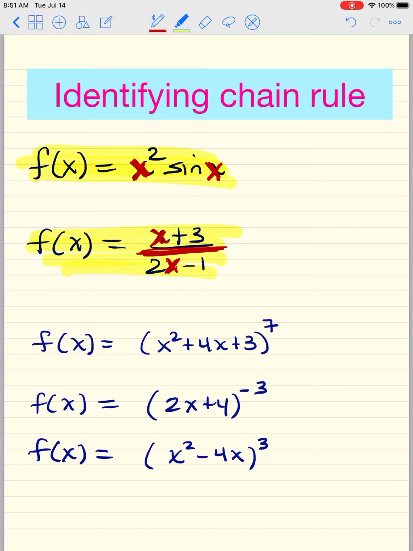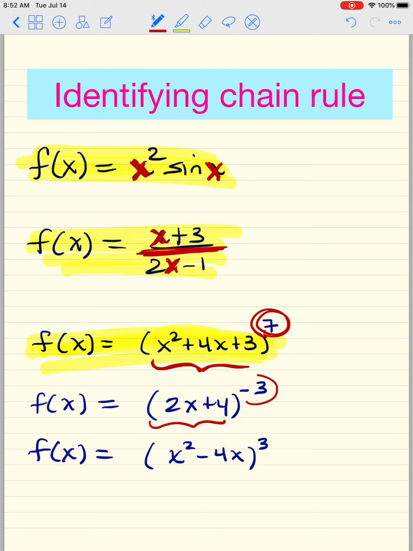Now, everything else is going to be a chain rule, other than these two examples. Okay, so why is the third one a chain rule? This guy right here is going to be a chain rule because you have some sort of base to a power other than 1. If you have a base to a power other than 1, then you're going to have to use the chain rule if they ask you to take the derivative. Same in the next example.